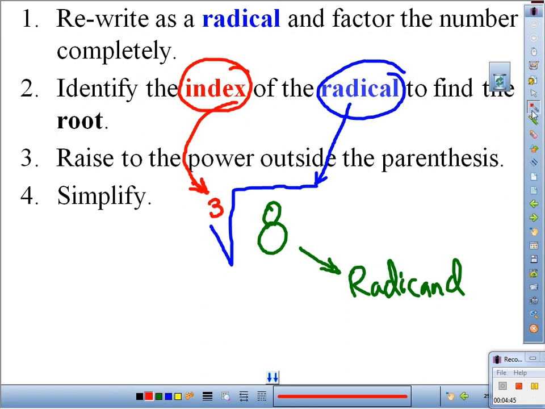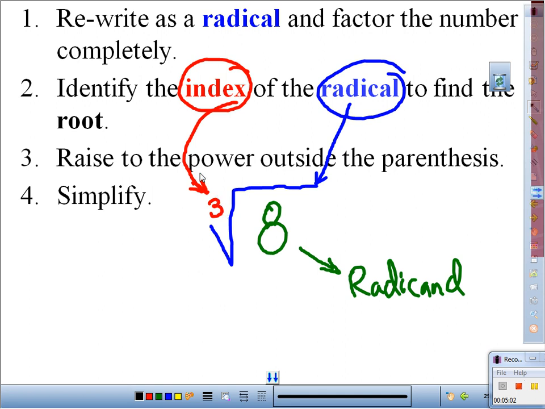When you are given a radical expression, to simplify this goes as follows. Pay attention, please. You look first at the index. The index tells you how many times some number has to multiply itself to get the radicand.